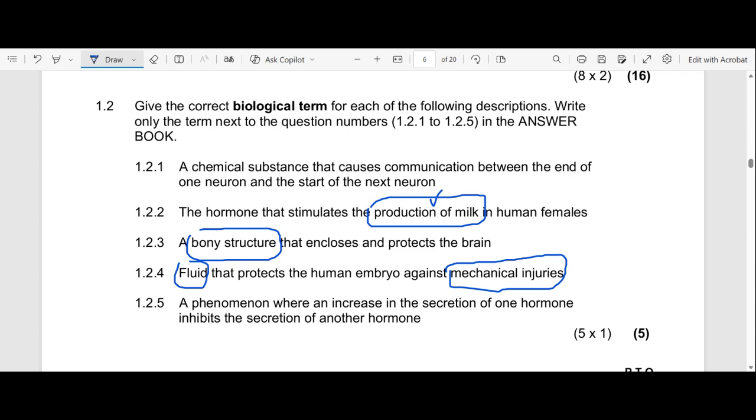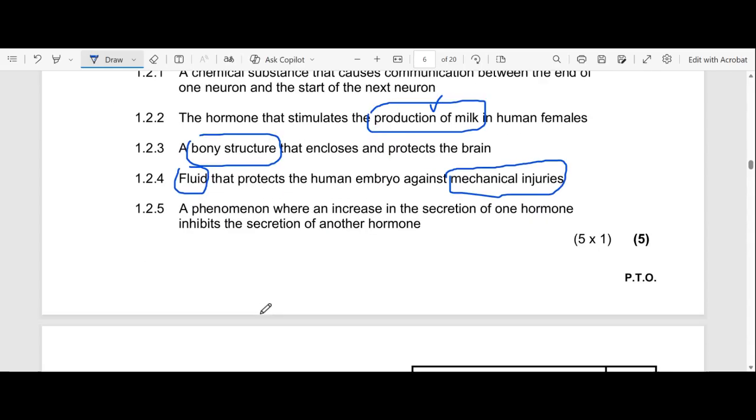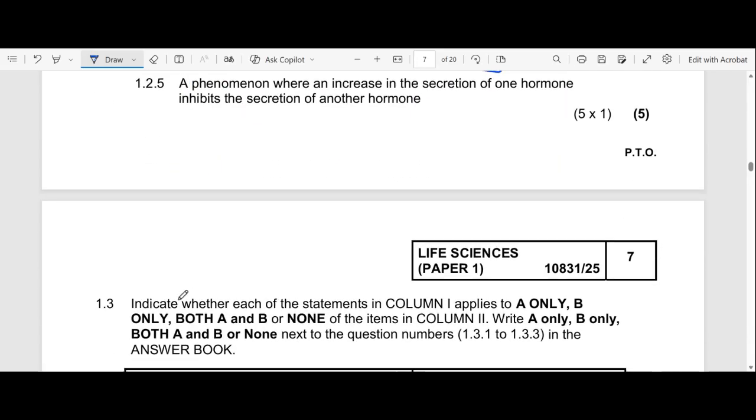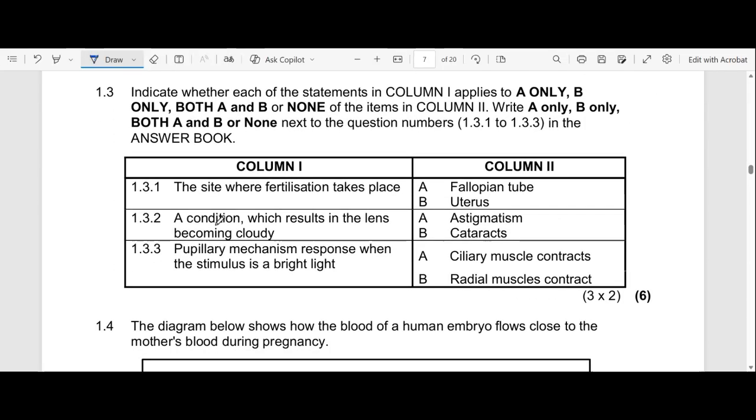So when you see that increase and decrease in hormones, we call that the feedback mechanism. Or they can say it's an interaction between two hormones. The moment they say it's an interaction between two hormones, then they're speaking about what? Feedback mechanism.